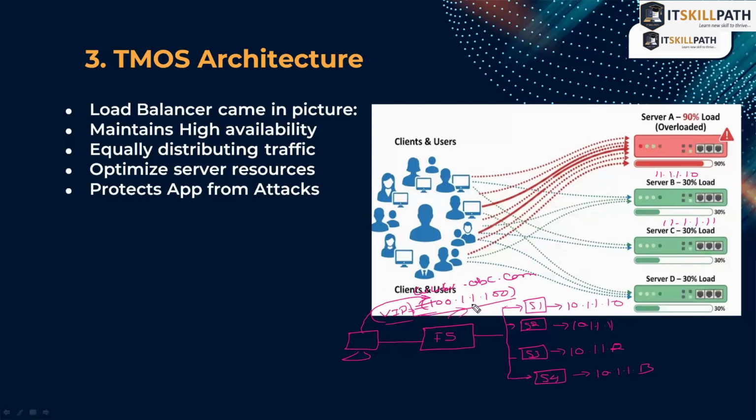When traffic comes to this virtual server, it will be sent to the pool, and in the pool we add the different members. So it will distribute the connections to the backend servers. Earlier, without a load balancer, we were exposing our backend servers directly. Now we are exposing a virtual IP. It's not assigned anywhere; it's not a physical IP.